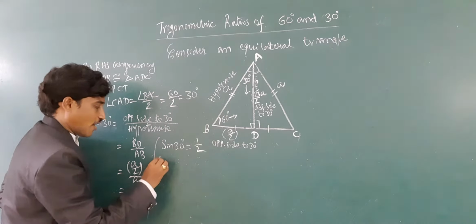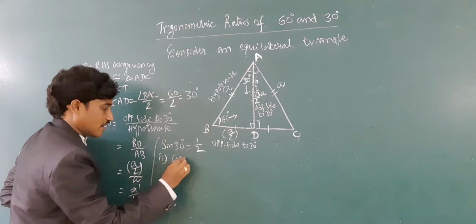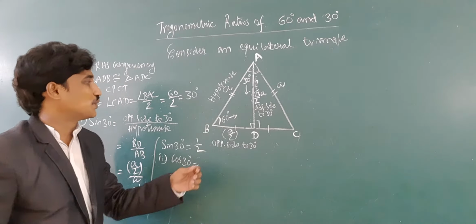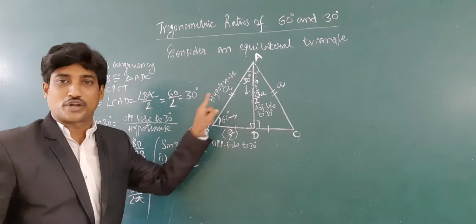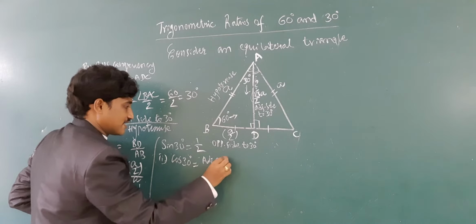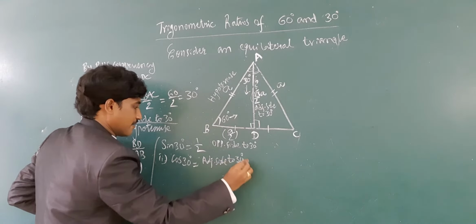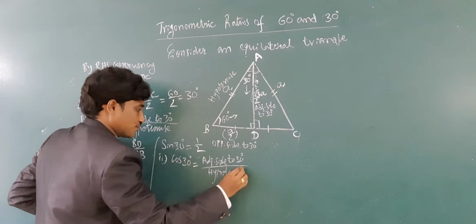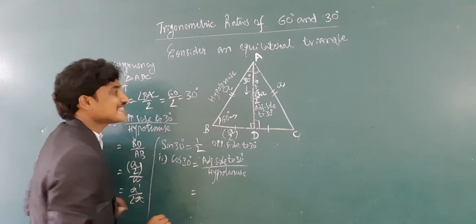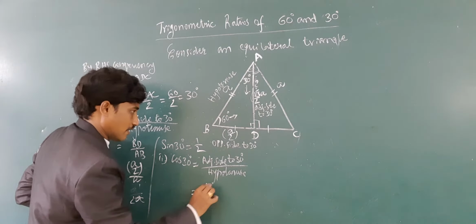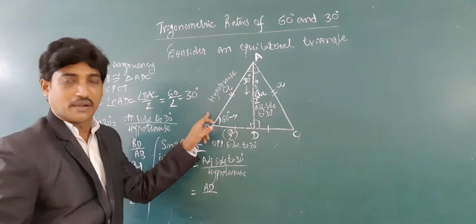Next one, cos 30 degree. Cos 30 degree is equal to adjacent side to 30 degree by hypotenuse. So the adjacent side to 30 degree is AD by hypotenuse AB.